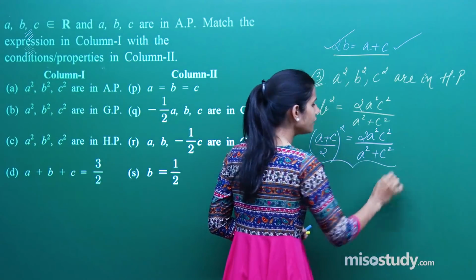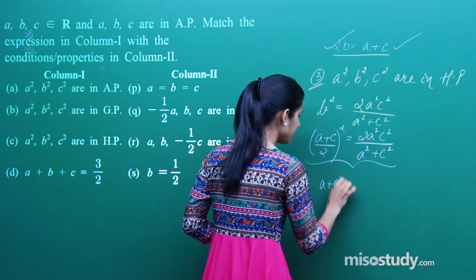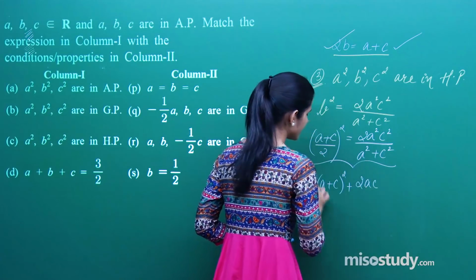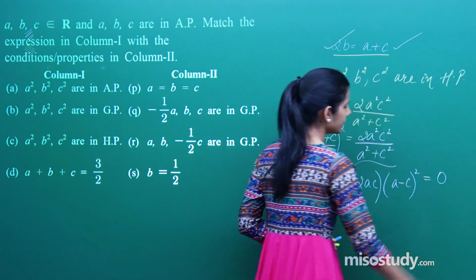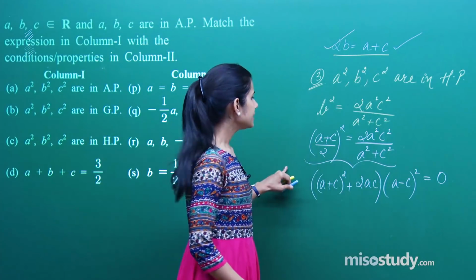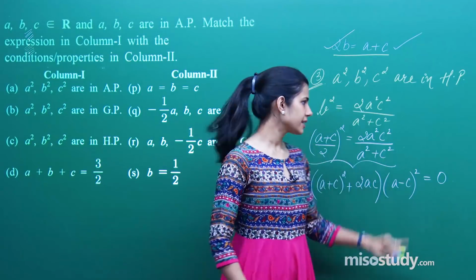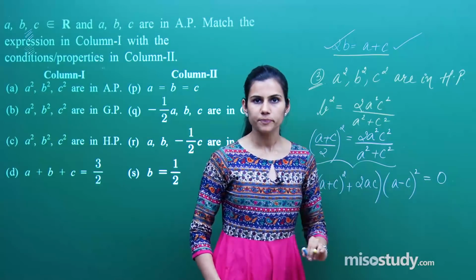When you resolve this very easily, you get A plus C whole square plus 2AC into A minus C whole square is 0. This entire expression, you resolve it to this expression. Basically, you bring everything to the left hand side and equate this expression to 0.